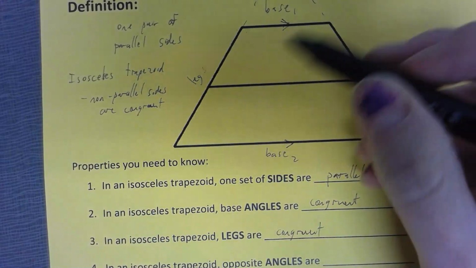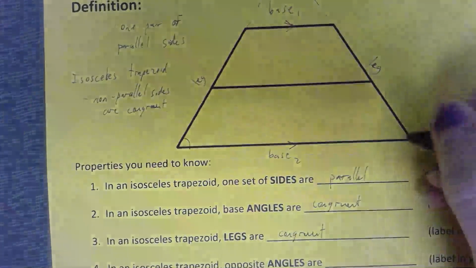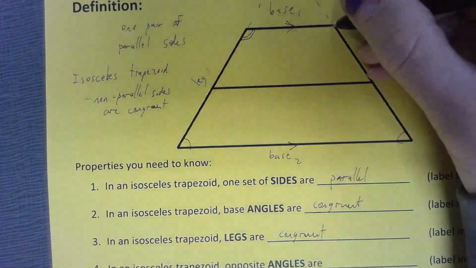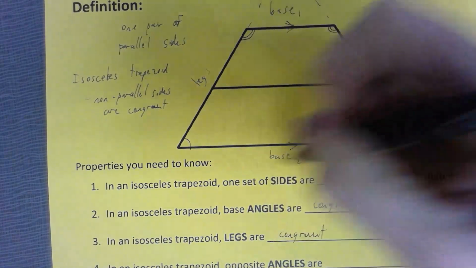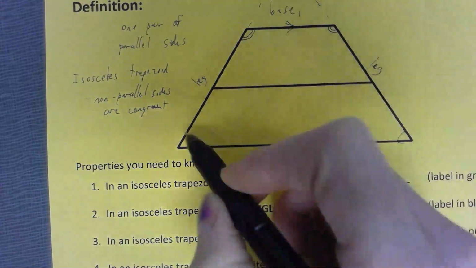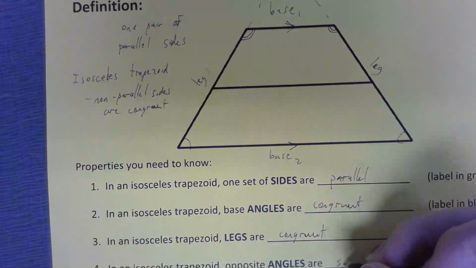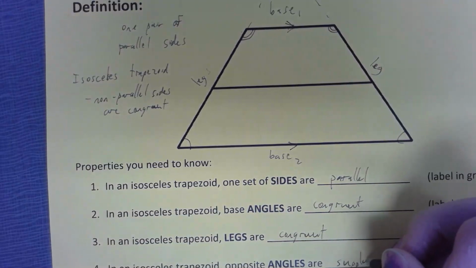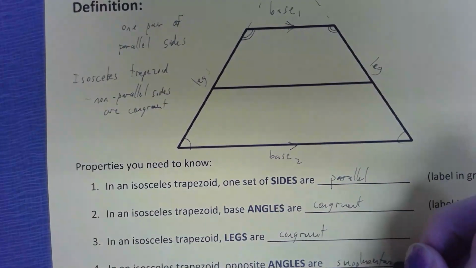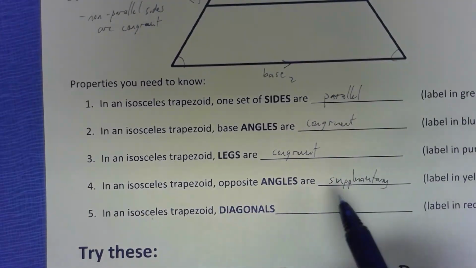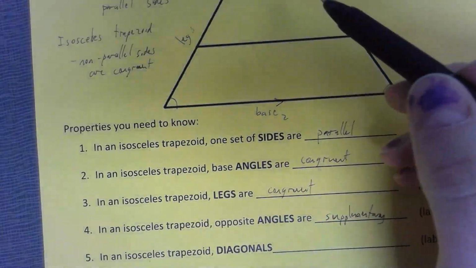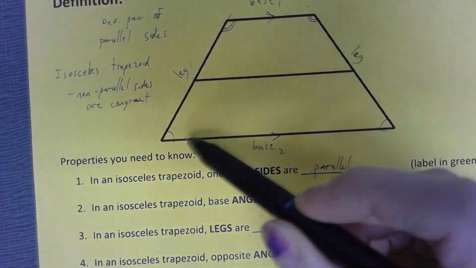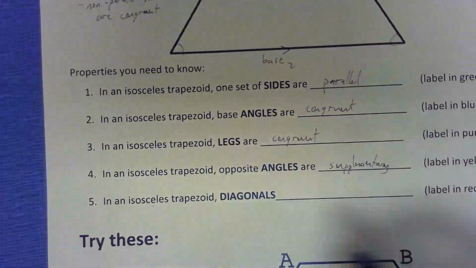Since the base angles are congruent, and the consecutive angles on the parallel lines are supplementary, the opposite angles will also be supplementary. That's different from our other quadrilaterals so far. All of our other quadrilaterals have had opposite angles that are congruent. These opposite angles are not congruent, they are supplementary.